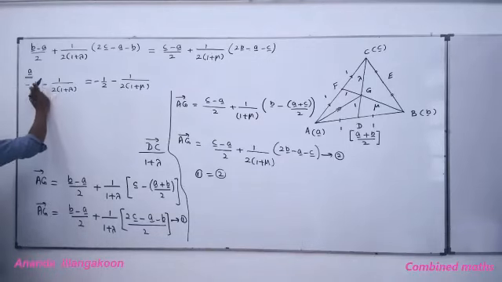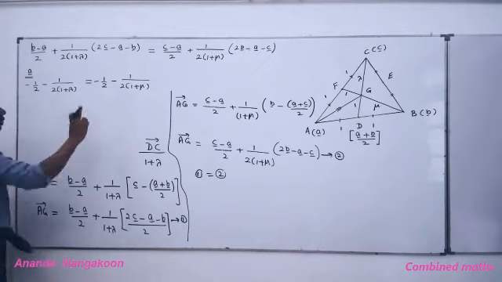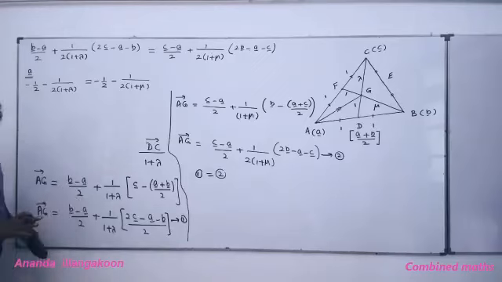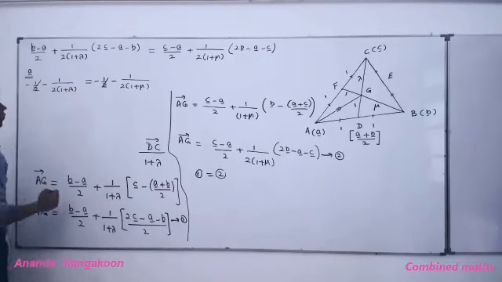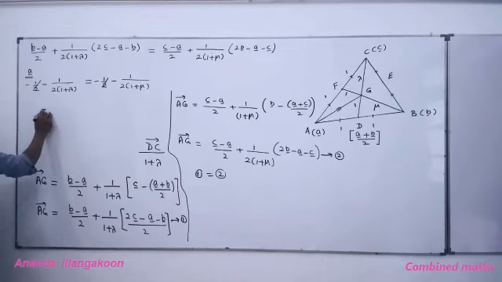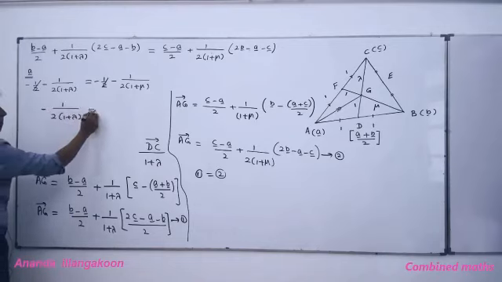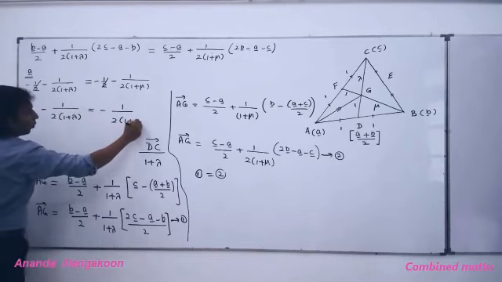Then once you bring this minus half to right hand side, that will be plus half, no? Then here we have minus half. When you bring this to right hand side, that plus half. Minus half plus half will cancel off. Then cancellation can be done here itself. Right? Now what we have is this minus 1 upon 2 times 1 plus lambda. Here minus 1 upon 2 times 1 plus mu we get.